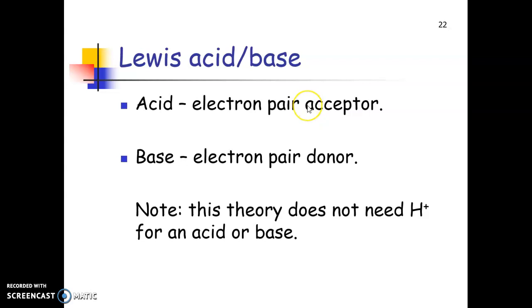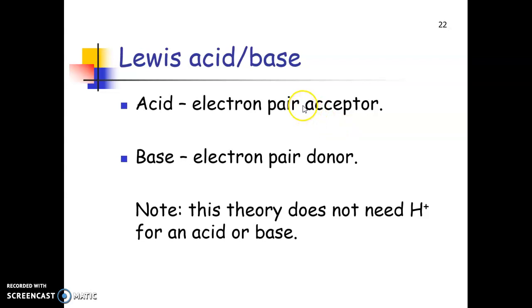And now we've expanded the definition further, because all of the other things, if we went back and analyzed them, that are acids and bases under the other definitions, would also fall as acids and bases under this definition. We've expanded beyond to electrons, and all molecules, all atoms have electrons.